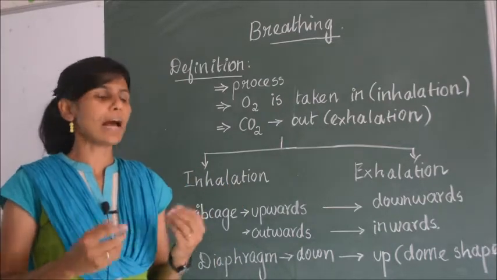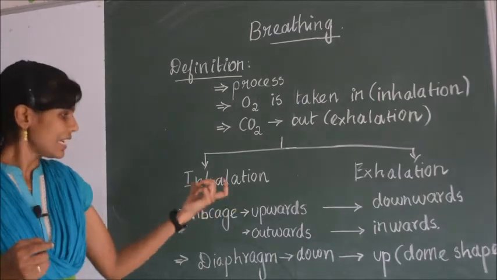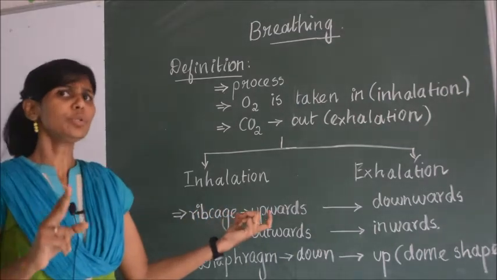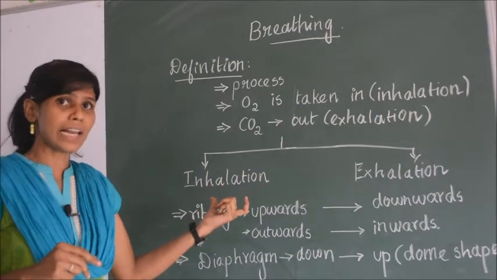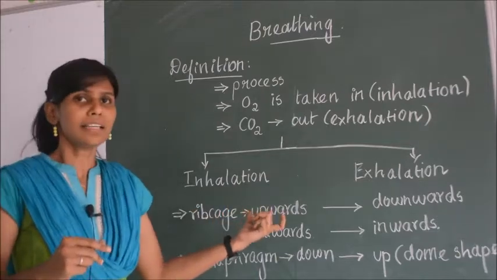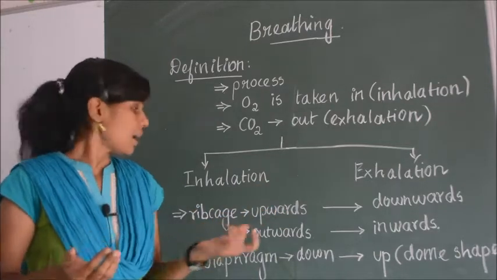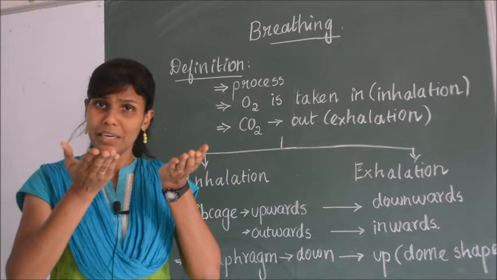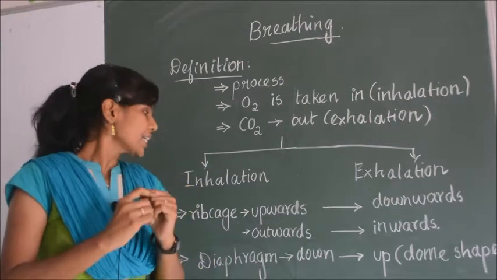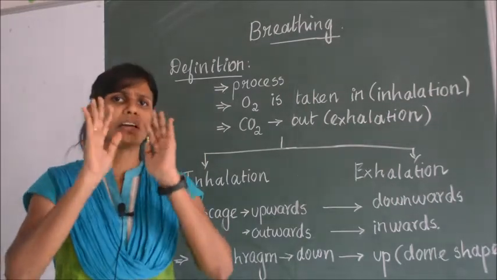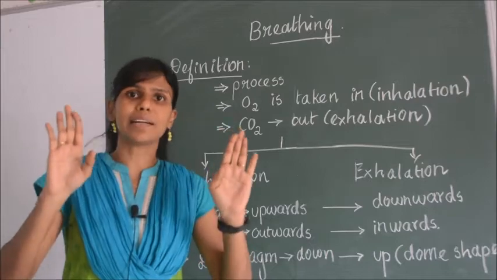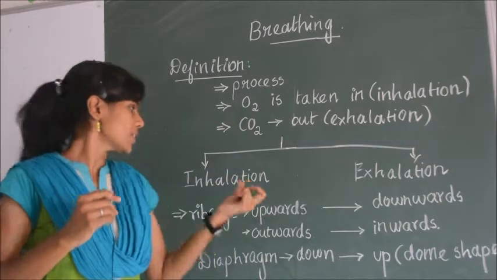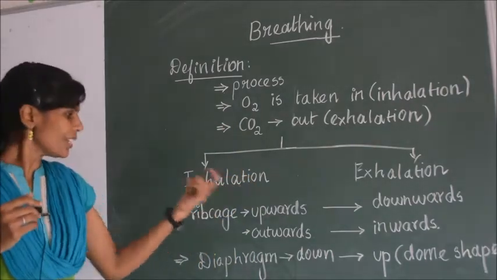What changes will happen to the rib cage during inhalation? There are two changes. The rib cage will move upwards as well as outwards. From the normal position it is slightly outwards and upwards. This happens during inhalation.